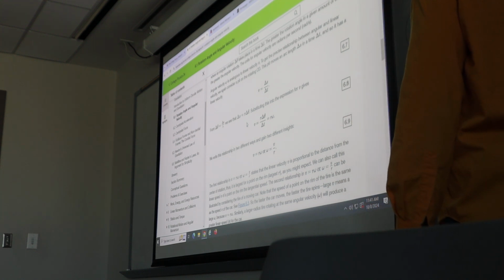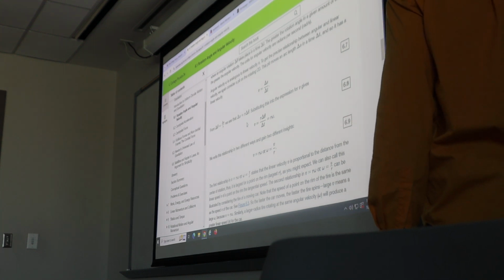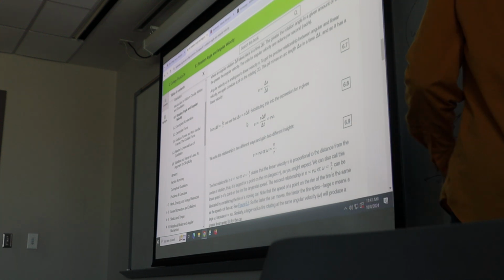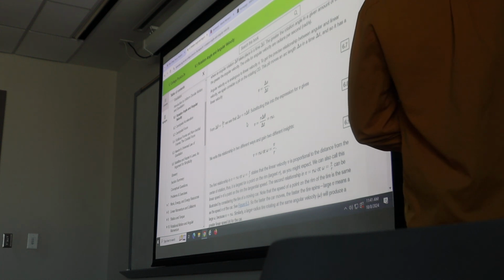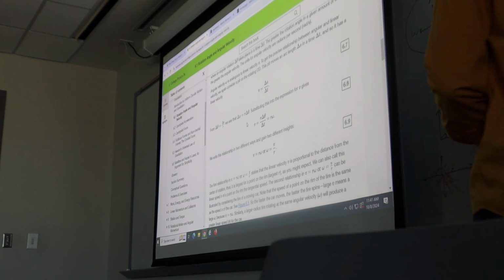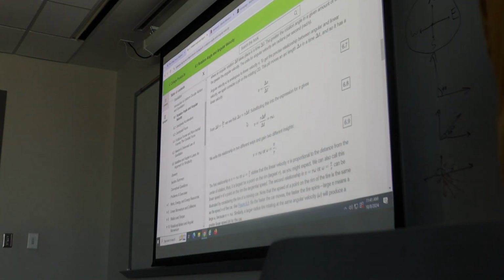R omega is going to give me my radius, which I now need for my string to object. So I see this is already in inches.